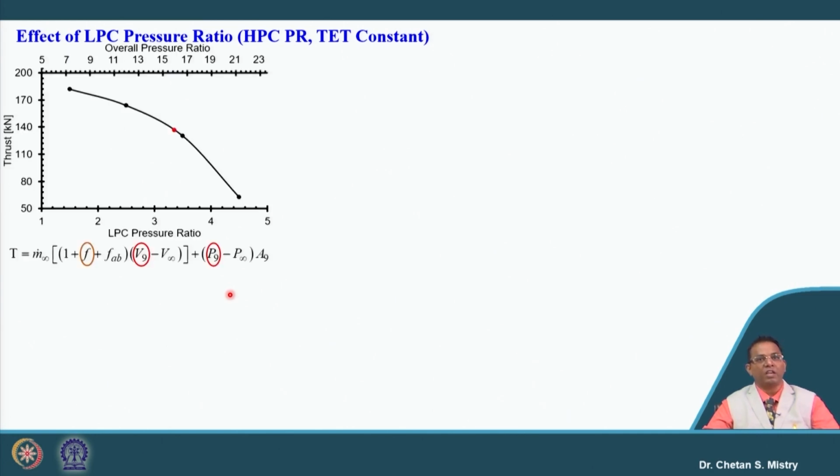So, by changing the LP compressor pressure ratio, we are basically changing the overall pressure ratio, and that leads to a reduction of the thrust. If you recall, we have discussed this point in a previous numerical, and in week 3 also we had a good discussion about it. This represents that by increasing the overall pressure ratio for a fixed turbine entry temperature, we have a reduction in thrust.